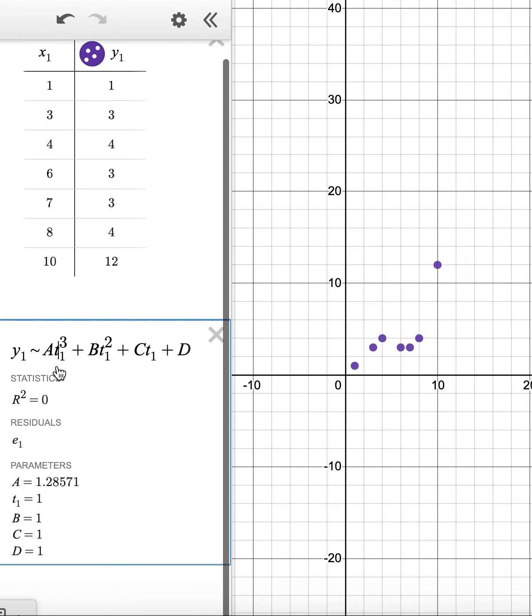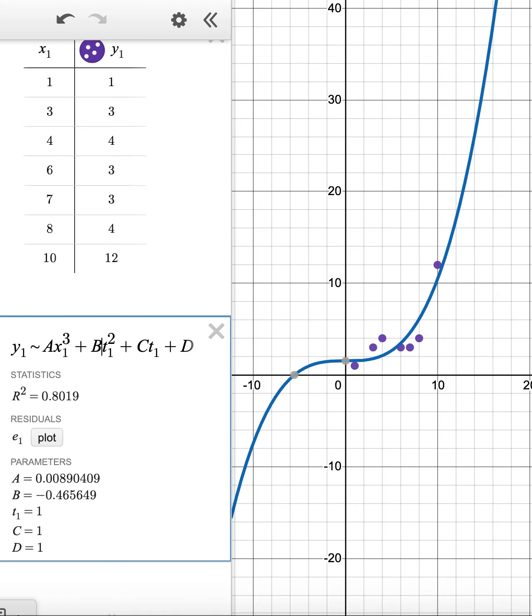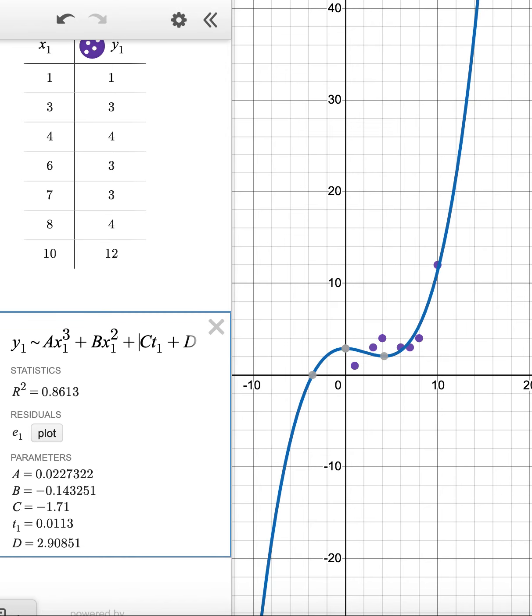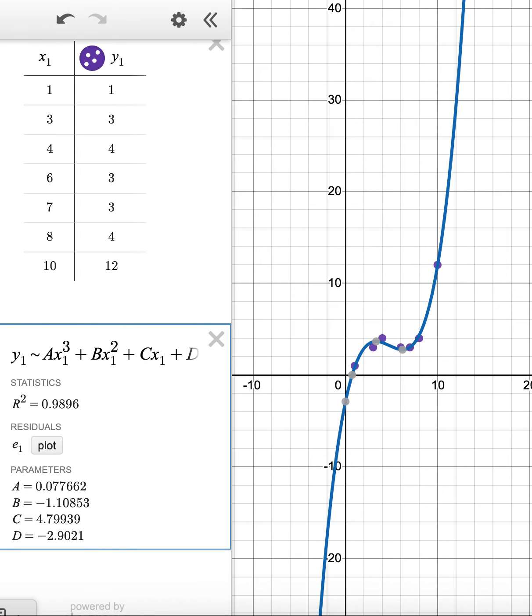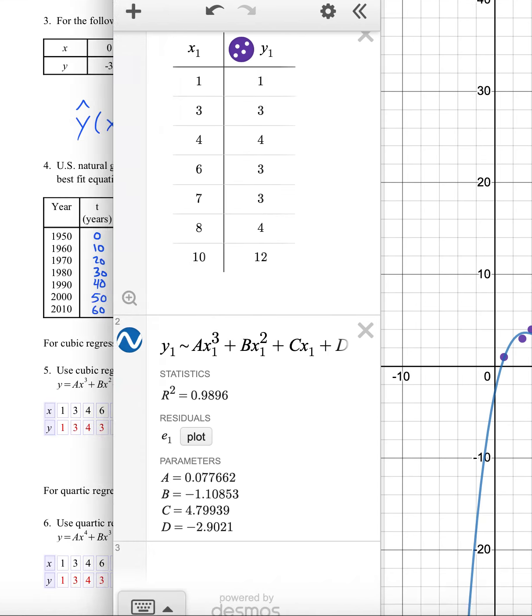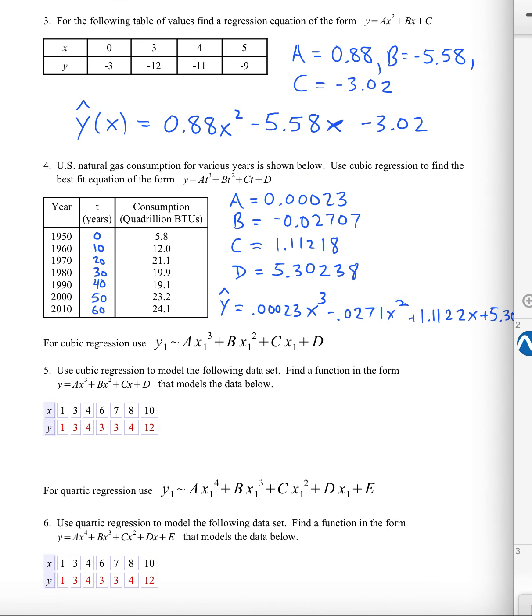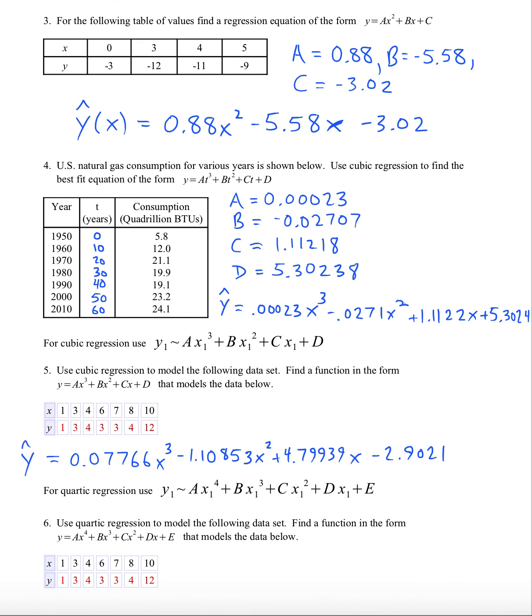So it seems like a cubic model might be a good fit here. Yeah, that looks pretty good. And look at the r squared value, 0.9896, very close to perfect correlation. So let's copy those constants down.